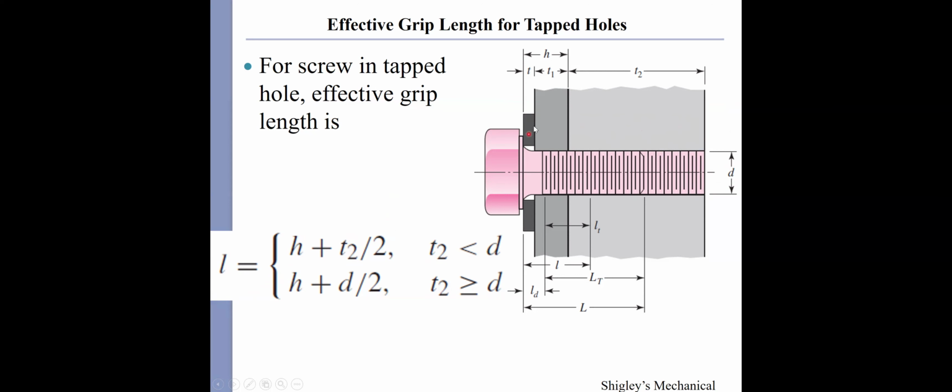Here h is the washer thickness plus the thickness of the first member, the first plate, so h plus half of t2. And if the major diameter is less than t2, or say t2 is greater than the major diameter, the effective grip length equals h plus half of d.